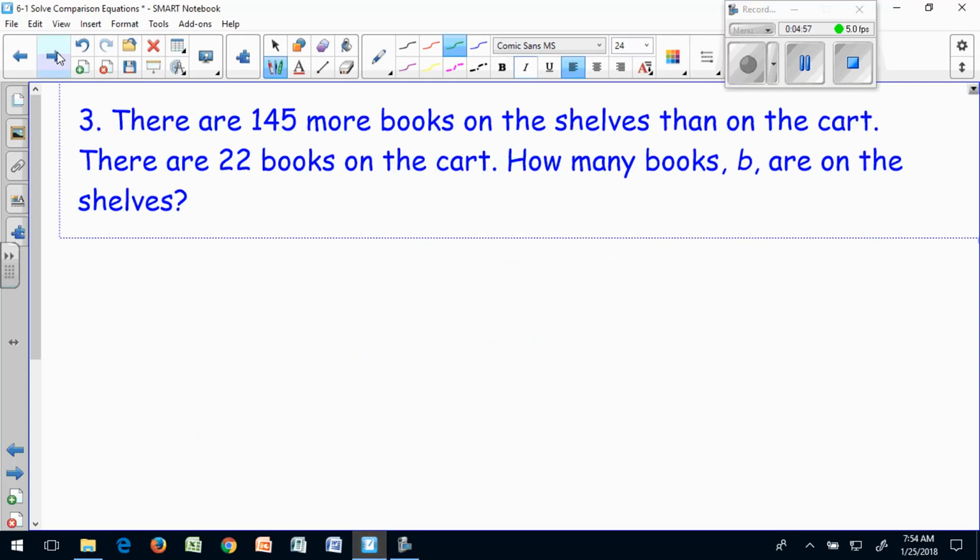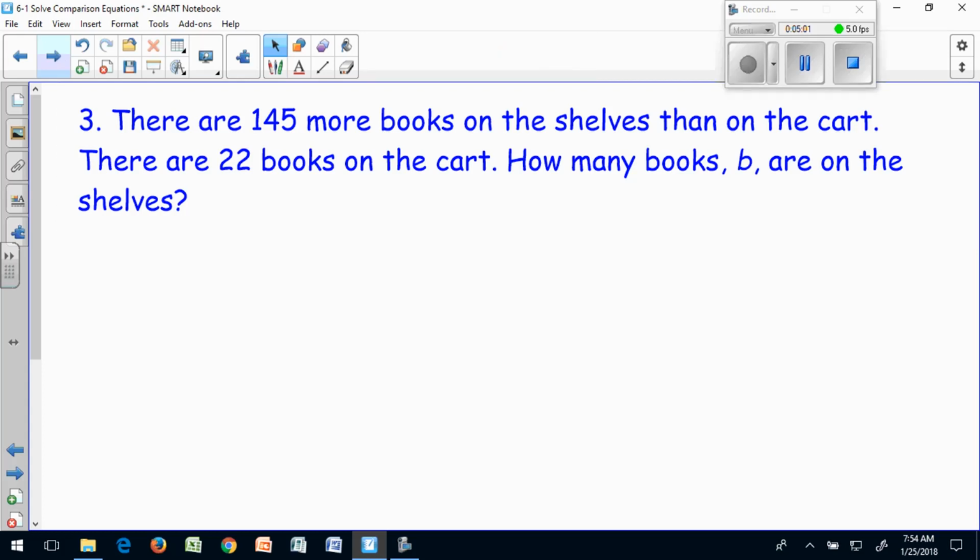Let's look at number 3. There are 145 more books on the shelves than on the cart. There are 22 books on the cart. How many books B are on the shelves? So I know I'm starting with 22 books on the cart, and on the shelves, there are 145 more.